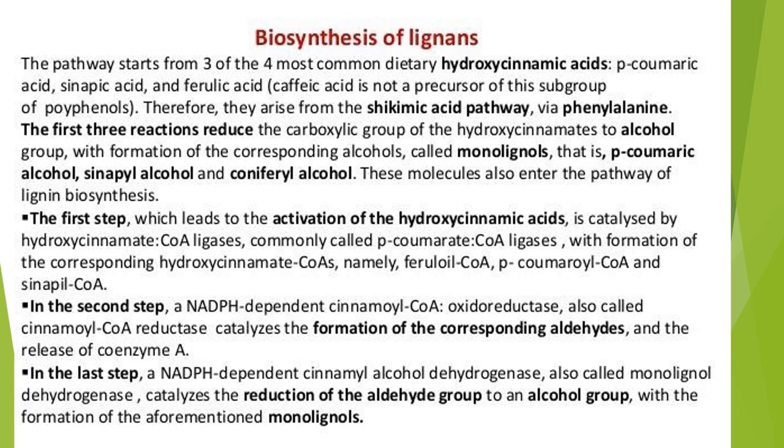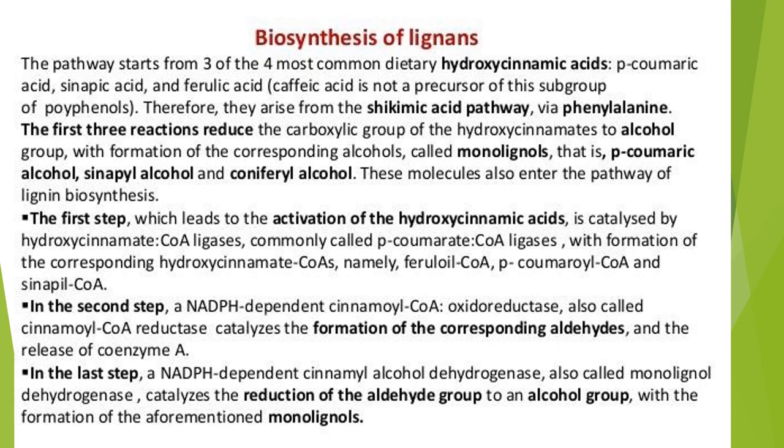The first 3 reactions reduce the carboxylic acid of the hydroxycinnamates to an alcoholic group, with the formation of corresponding alcohols called monolignols: para-coumaryl alcohol, sinapyl alcohol and coniferyl alcohol. These molecules also enter the pathway of lignin biosynthesis.